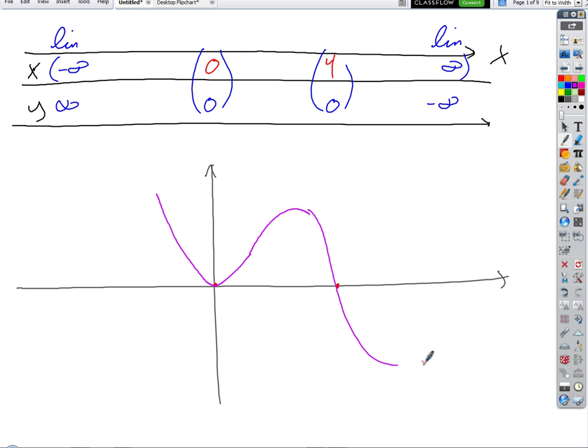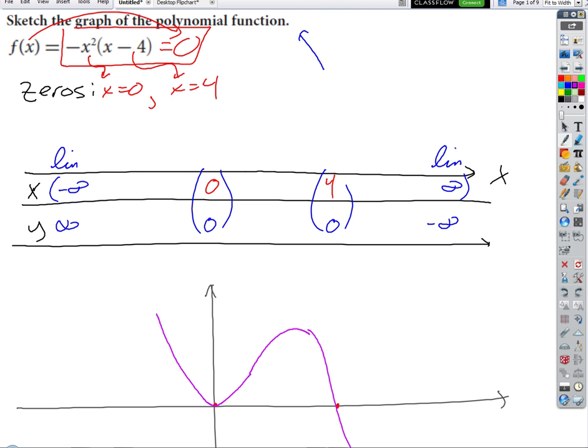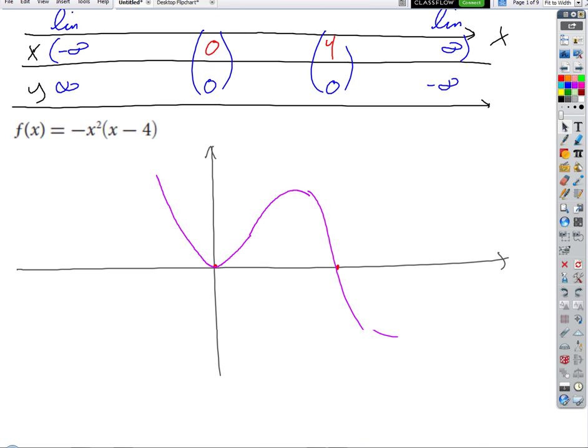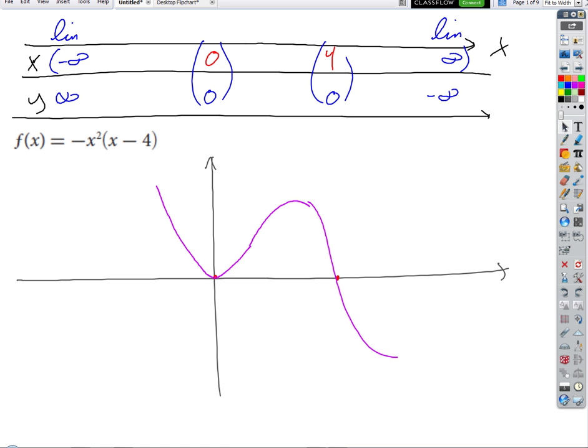How could we test and see? What could we do? What do you think? And we know that's what our function is, right? Put that down here to help us out a little bit too, maybe. What do you think? How could we know?